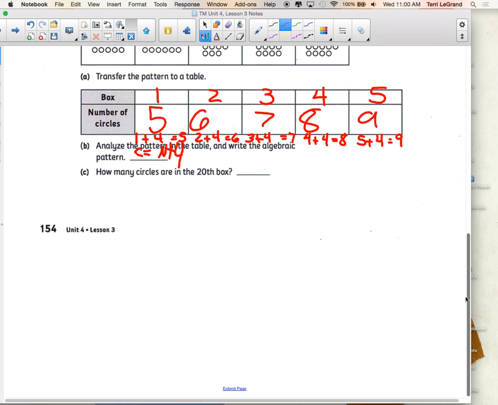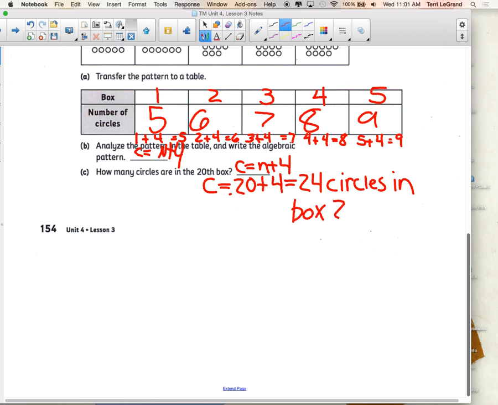Come on up and show orientation by telling what that means.